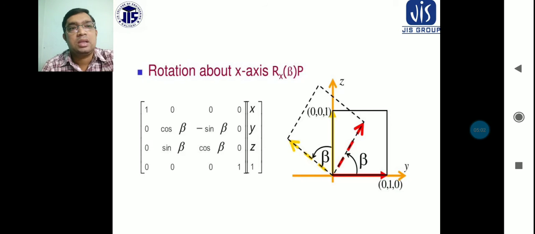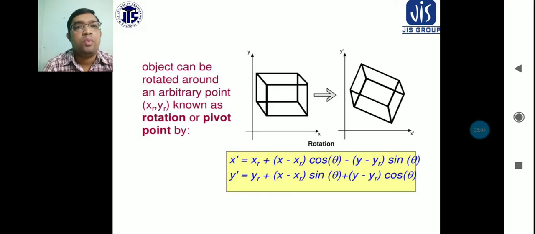An object can be rotated around an arbitrary point. The point x or y is known as the rotation or pivot point and is considered in these rotations. Take one object, a cube, which is rotated.